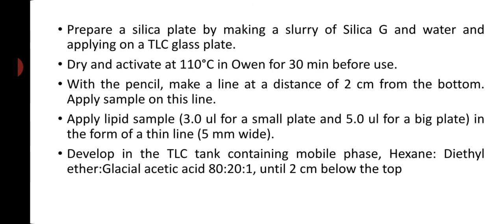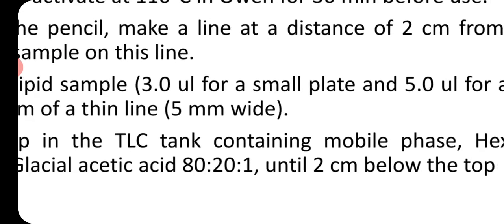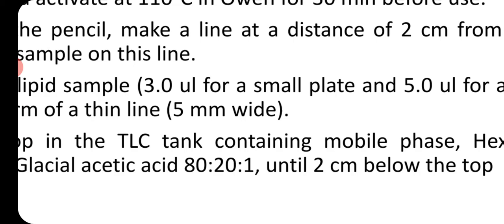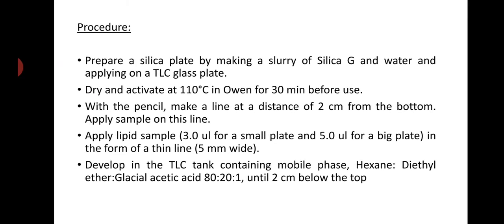So if you want to make a very thin line, you can. If you want to make a drop, you can. So either you make a drop or a thin line of that sample, and then you have to keep that slide or plate into a tank of mobile phase, where a tank is just like a container, like a beaker. So in that tank you take the solvent in the 80 to 20 to 1 ratio that you have made, and then keep your slide in that container, and your place of application of the sample should be at the bottom side, and from there the solvent will start reaching upwards.